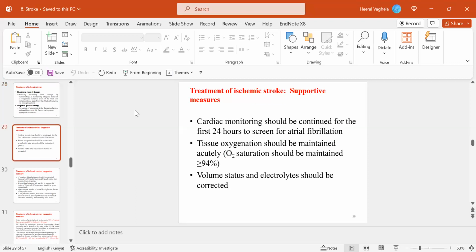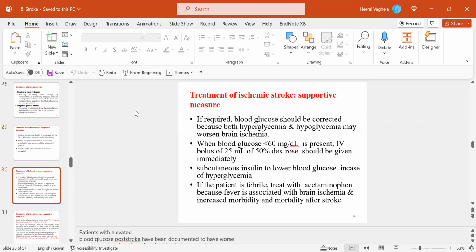Oh yeah, and for supportive measures, because you know that the brain is using glucose, hyperglycemia or hypoglycemia can worsen ischemia. So if there is hypoglycemia, you give IV dextrose. If it's hyperglycemia, then you start on the insulin.